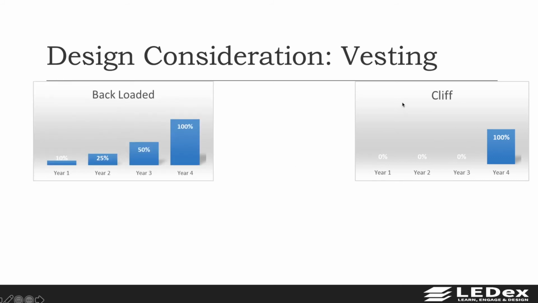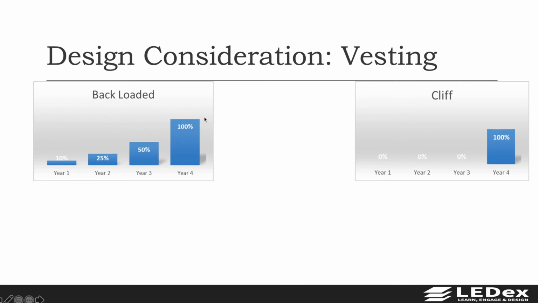Another approach to vesting could be a back-loaded vesting, where towards the end of the vesting period, there is a higher vesting proportion, whereas a small proportion of vesting is provided in the early years. In this example, 10% in year 1, an additional 15% in year 2, making it 25% cumulative in year 2, an additional 25% in year 3, making it cumulative 50%, and 50% additional in year 4, making it a cumulative 100%.